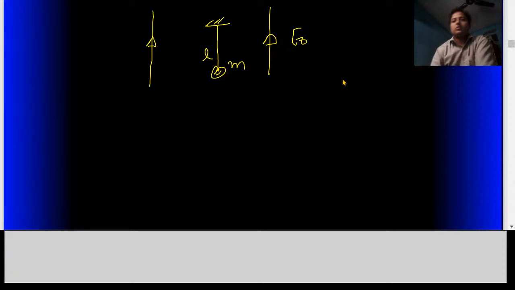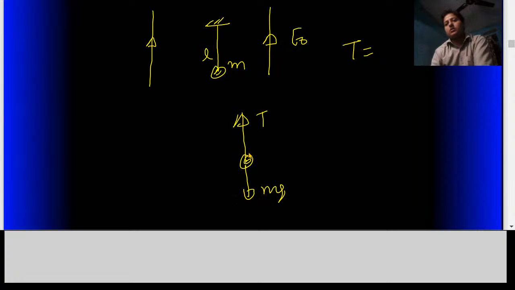In the same question, if the electric field is acting vertically upward and the pendulum is like this, mass m, length L, what will be the time period? Obviously, taking the FBD, tension T is upward, mg is downward, and the charge is q0, so the force is q0 into E0.